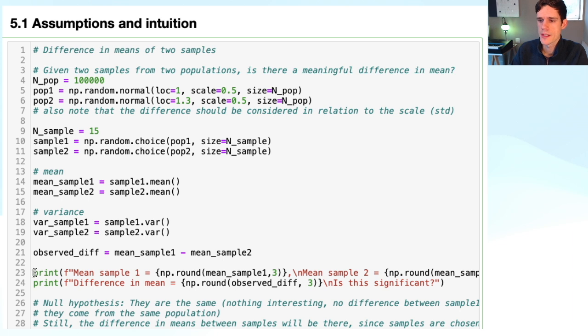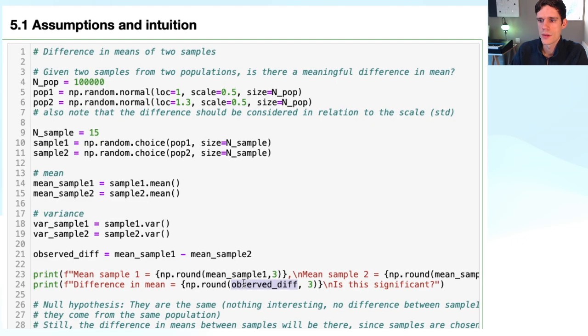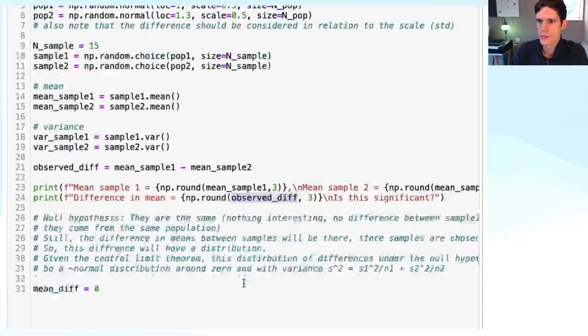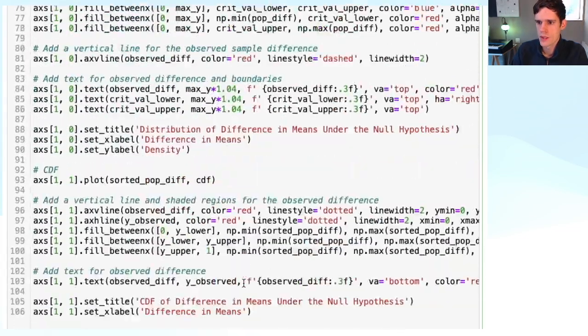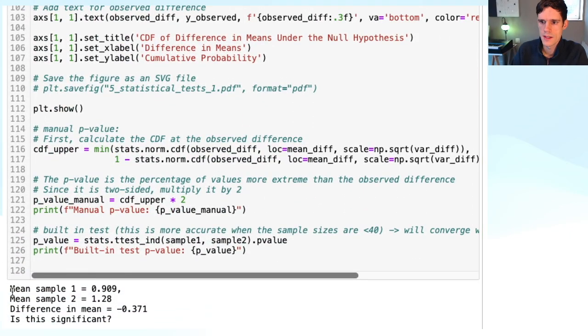And before we tackle that question, we can of course already print to see what we've gotten thus far. We print our sample mean 1 and our sample mean 2. And then of course we also print out the observed difference that we have. So if we scroll down and look at the first output of this cell, then we see indeed that in this case the mean of sample 1 is 0.909 and the mean of sample 2 is 1.28.